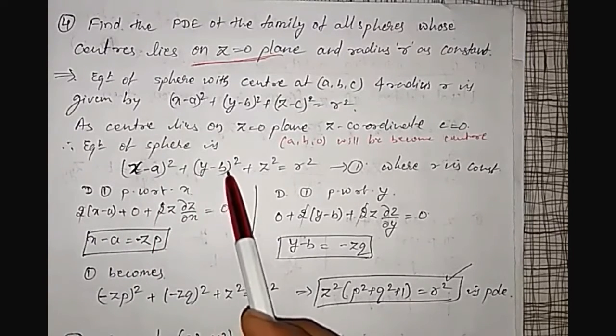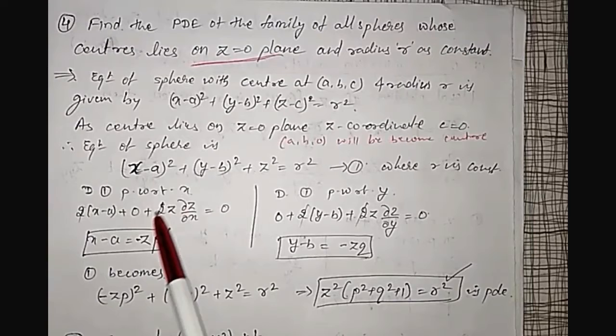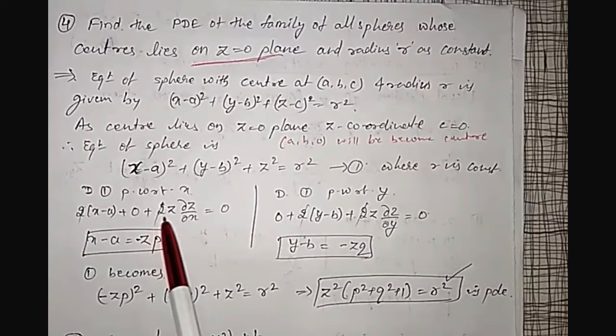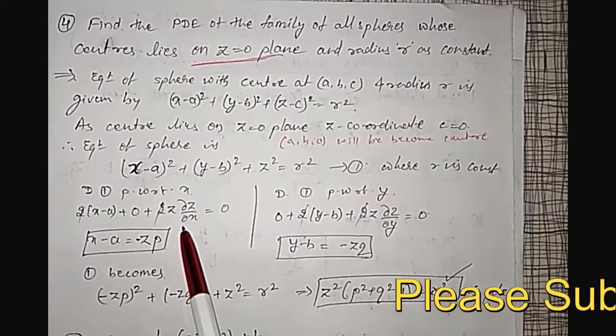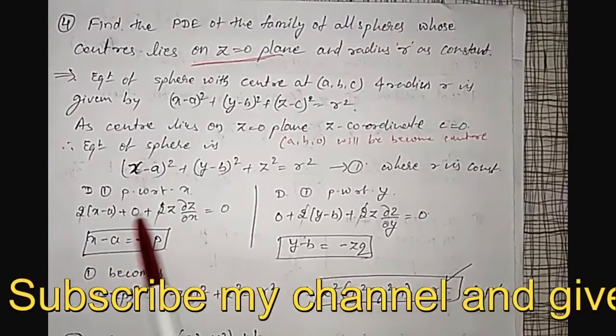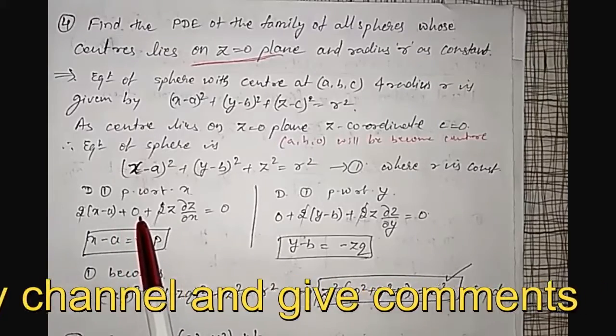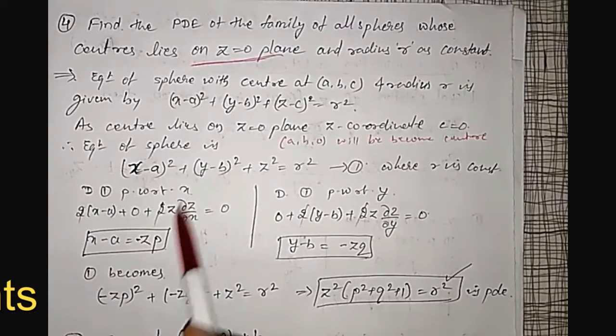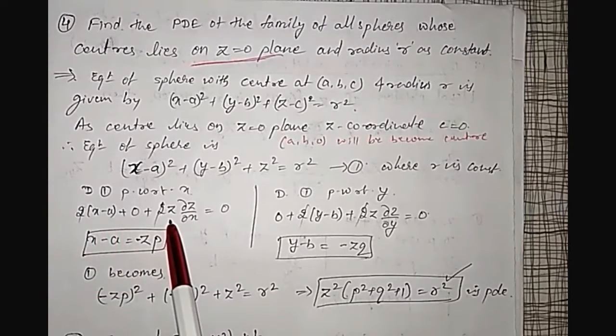Whereas differentiation of y minus b the whole square with respect to x will become 0, and differentiation of z square is 2z into dou z by dou x, that is equal to 0. Now simplifying, if you shift to the other side, 2 cancels. x minus a is equal to minus z into dou z by dou x, that is p.